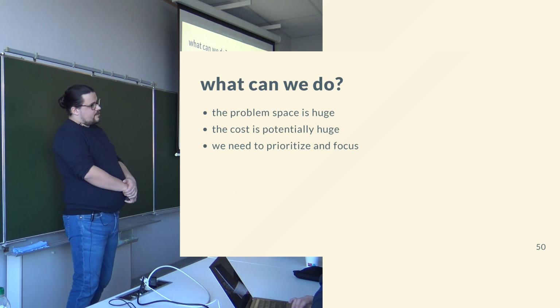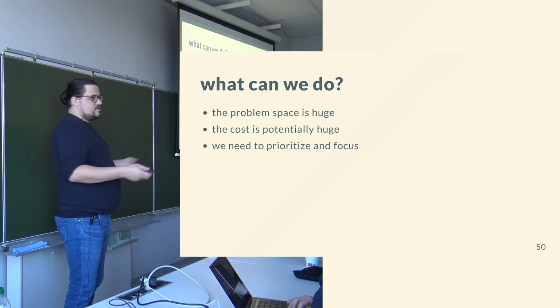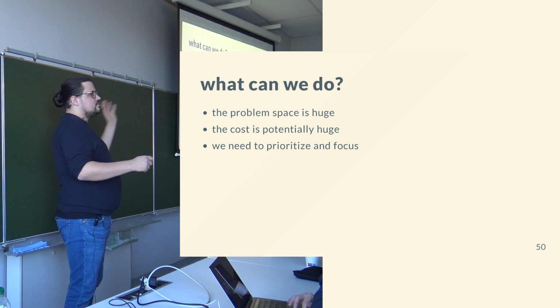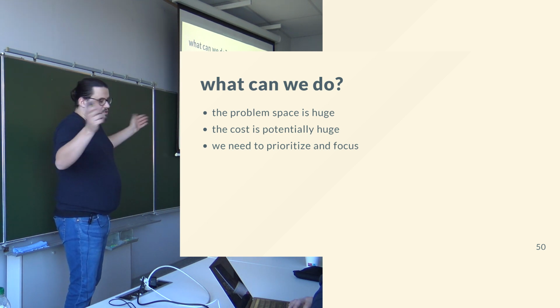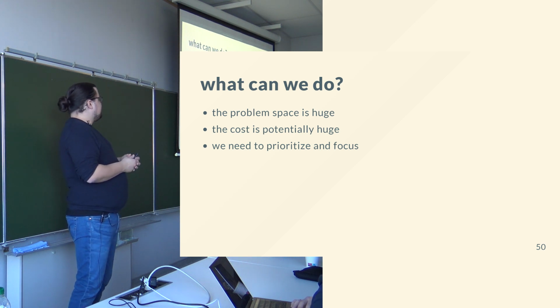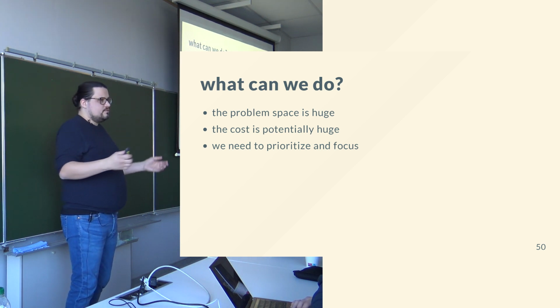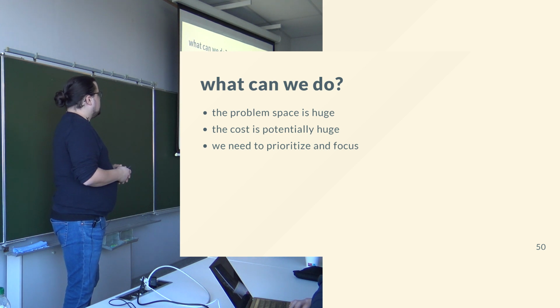The problem space is actually huge. We have thousands of dependencies. We have very complex build platforms across cloud, software as a service, and we deploy it on a whole lot of different places. So it seems like too much. We can't review everything. We can't audit everything.